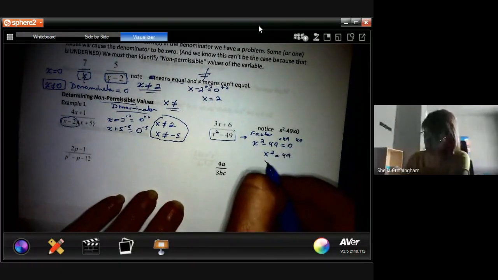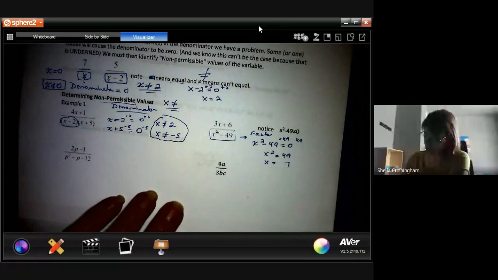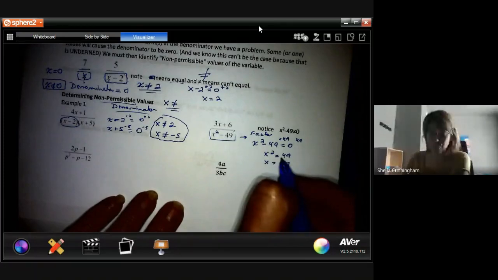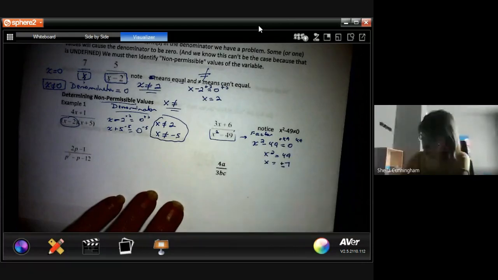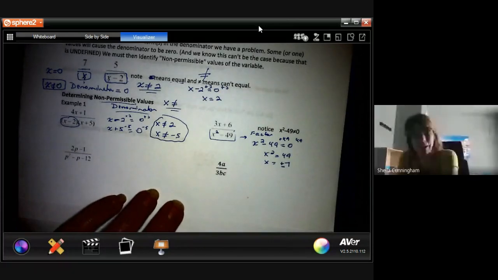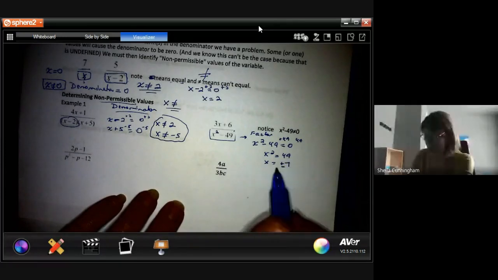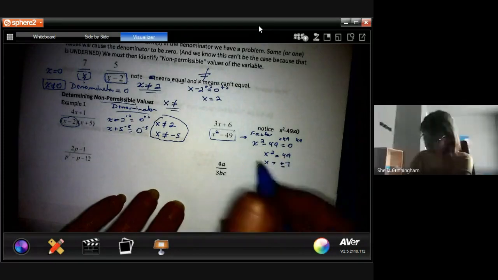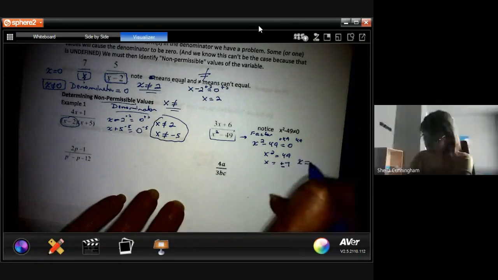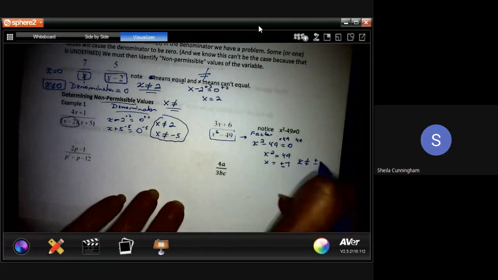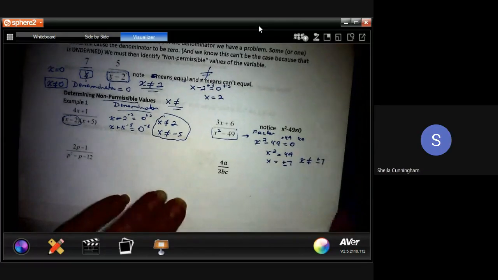I take the square root of that and I get 7. But remember, when I take the square root of 49, I actually get 2 options: the positive version and the negative. Because a negative 7 times a negative 7 gives me a positive 49, and a positive 7 times a positive 7 gives me positive 49. So in this instance, my non-permissibles are either positive or negative 7.